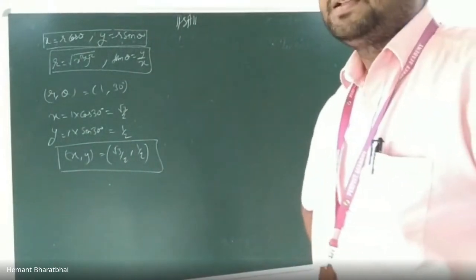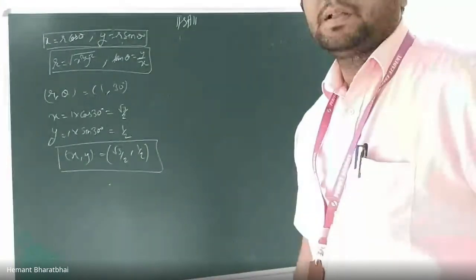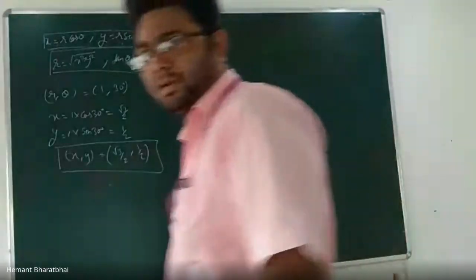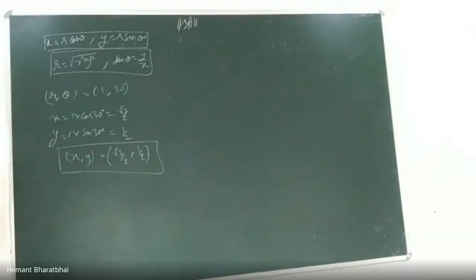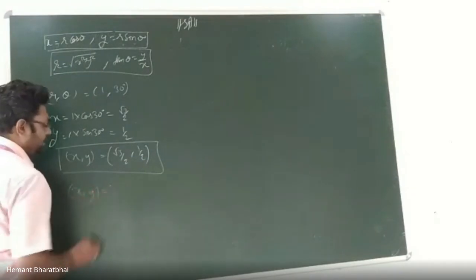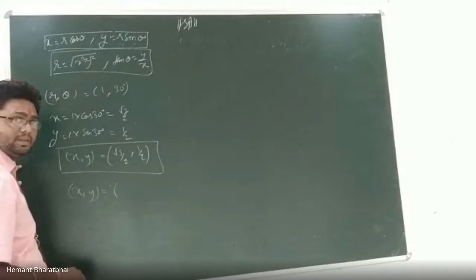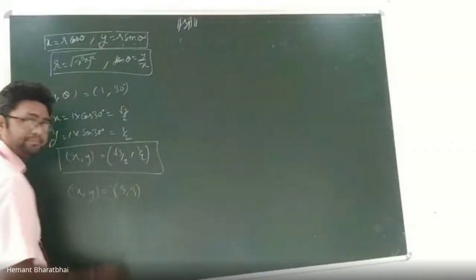Similarly, suppose we've been given Cartesian coordinates and want to find the polar coordinates. That can also be done. Suppose x comma y is 3 comma 3.